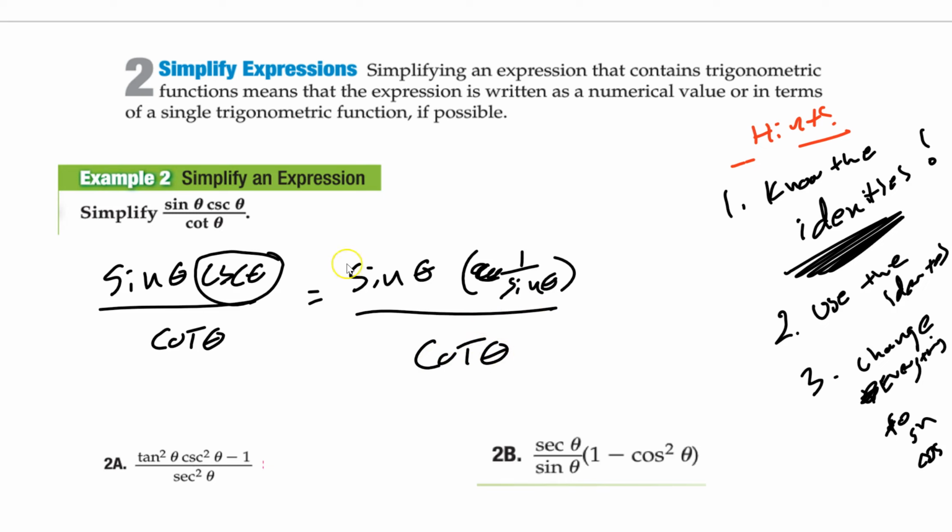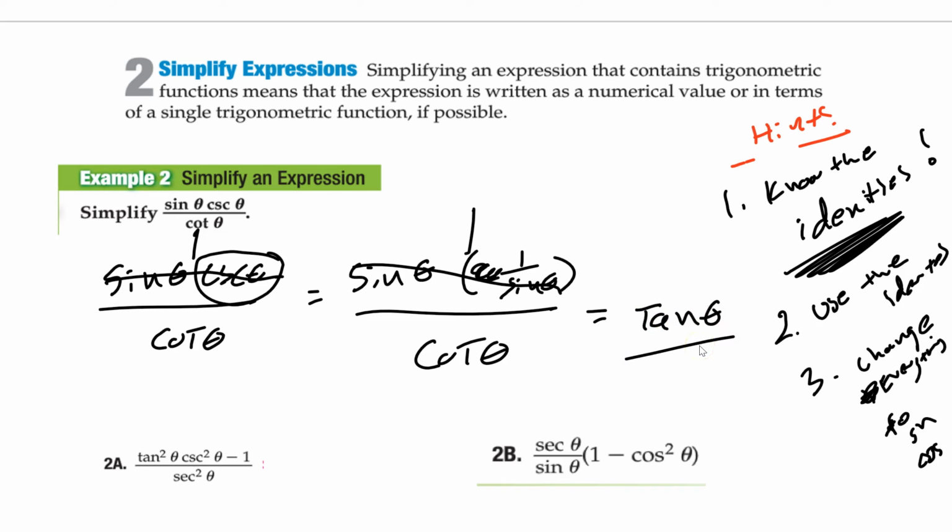Well, sine and 1 over sine cancel out. You just get 1. And by the way, I could know that from here. Sine and cosecant are reciprocals of each other, so they just cancel out, and you get 1. Now you have 1 over cotan. What's the reciprocal of cotan? Tan. And that's it.